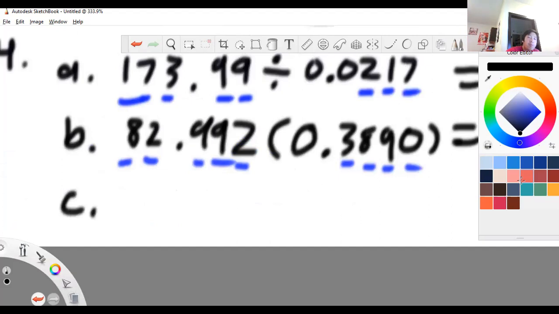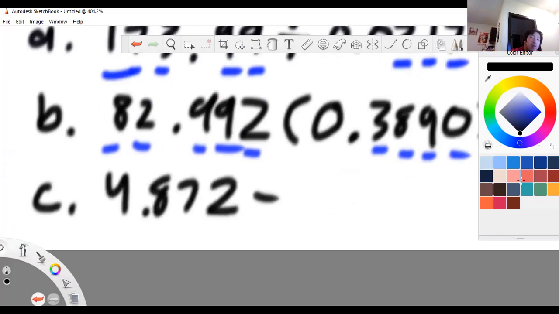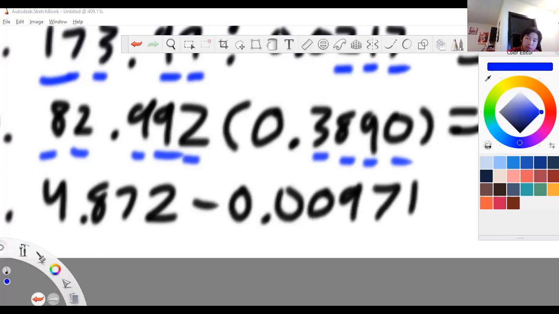See, we are out of multiplication and division land, and we have a subtraction problem: 4.872 minus 0.00971. We have 3 decimal places here, 5 here.